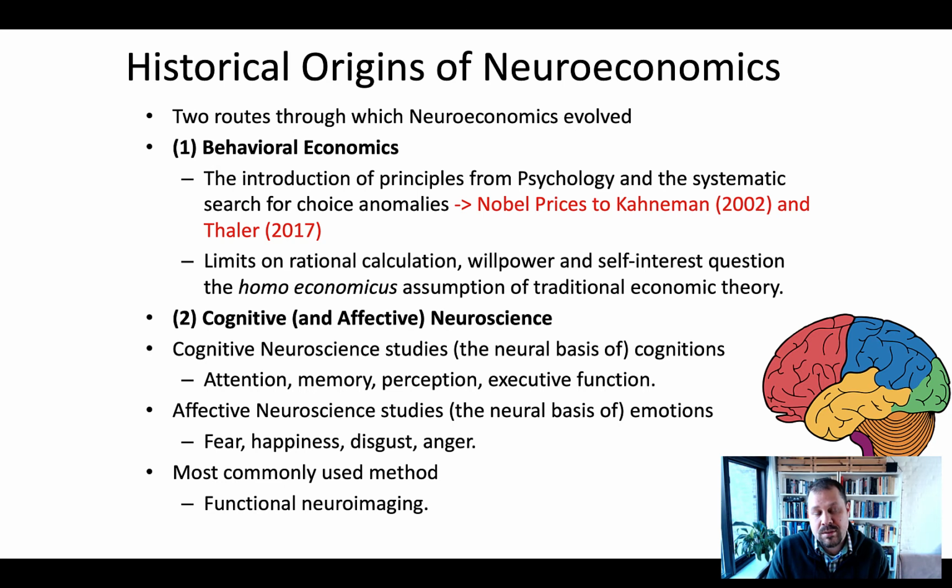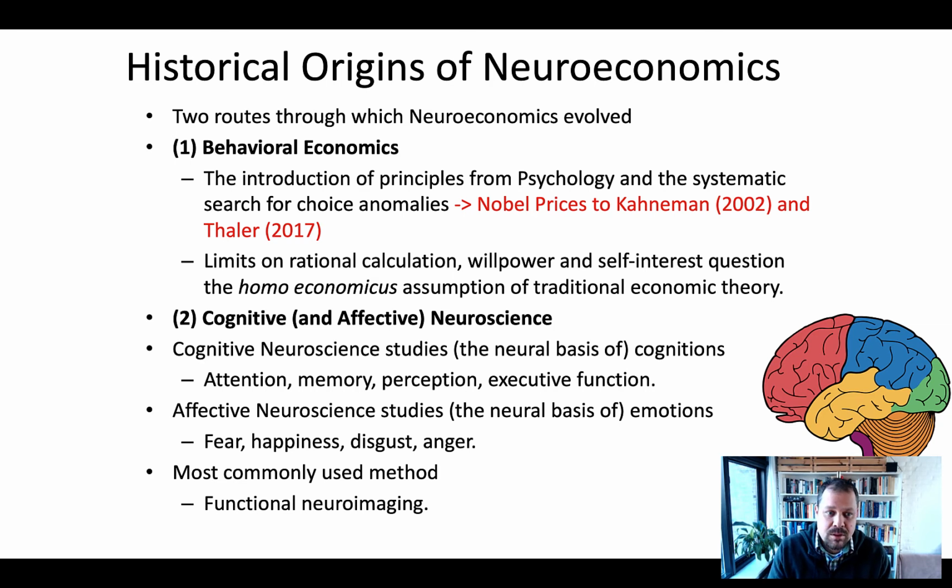At some point, we just don't want to restrain ourselves anymore or wait for a reward that might occur sometime in the future. There are also limits on our self-interest because we actually do care about other people and how other people think about us. So we do perform actions that benefit other people. And all of this questions the Homo economicus assumption of traditional economic theory. So this was the development in the field of behavioral economics.